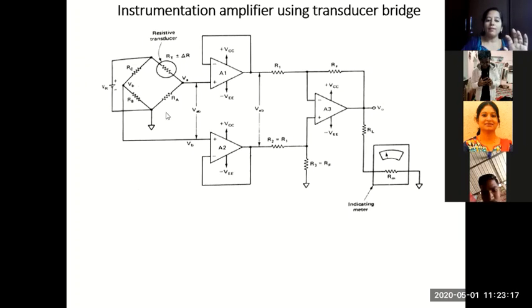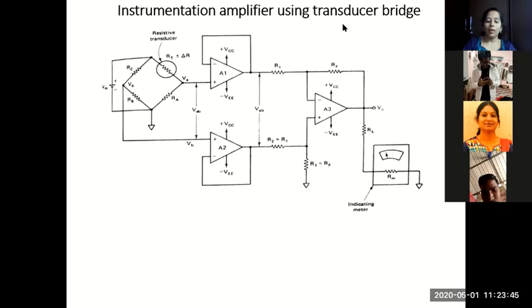So I have a complete Wheatstone's bridge network, and I will place this sensor or thermistor in one arm of the Wheatstone's bridge, and whenever temperature changes and this resistance changes, the Wheatstone's bridge output voltage will change, and that output voltage will be passed on to the instrumentation amplifier, which is the intermediate or the middle stage.